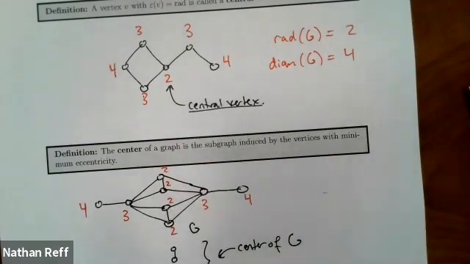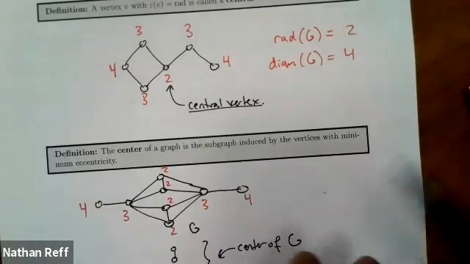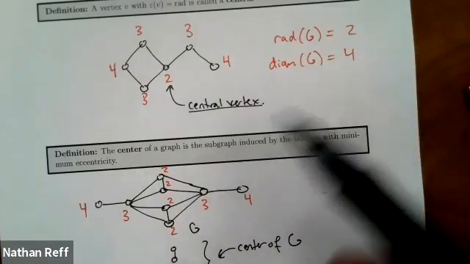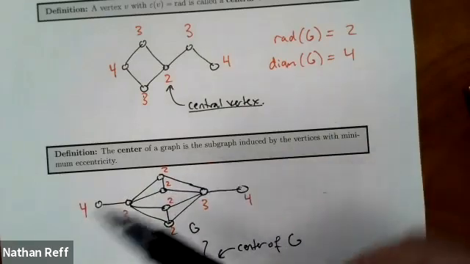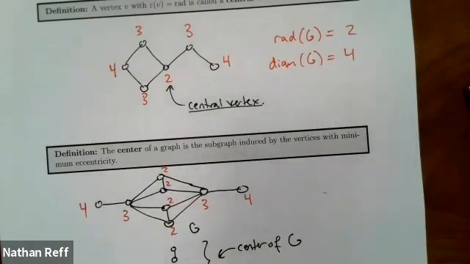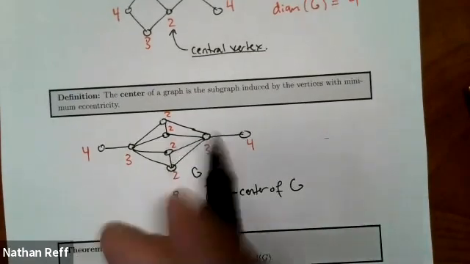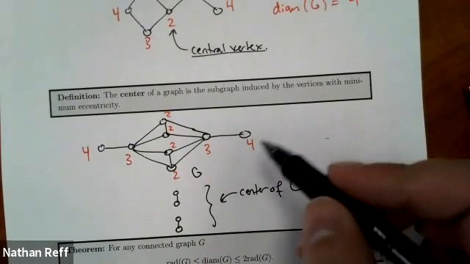Well, it depends on what they're asking. If the picture here is not labeled, I don't have names for the vertices, but if you did, you could say the central vertices are X1, X2, X3, X4. But here I'm just giving you the example with the pictures, and then I'm labeling the eccentricities in red. So it might be good to tell me what the red means.